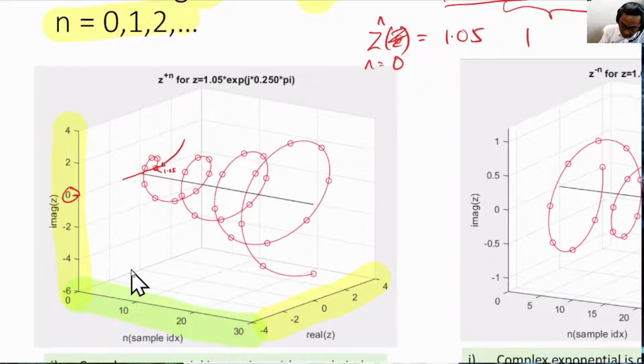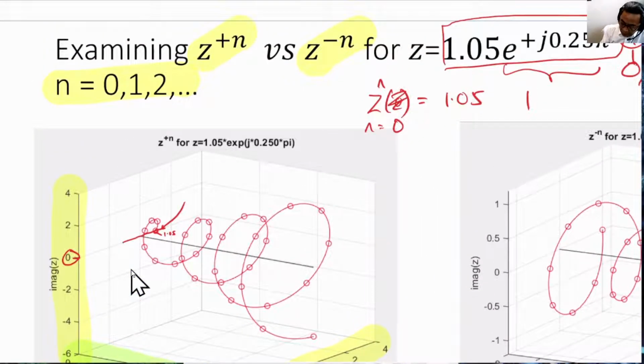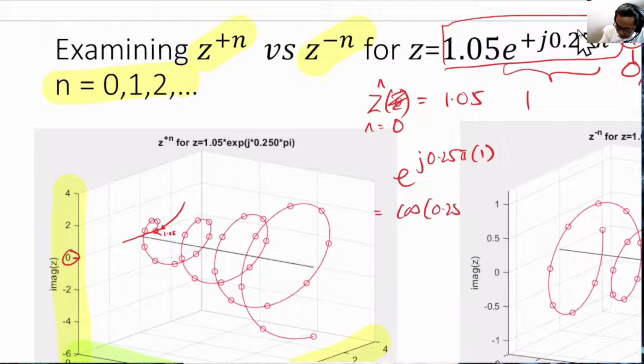What happens at n equals 1? At n equals 1, we are increasing by 0.25 pi in terms of the expression here. What is e to the power of j 0.25 pi times n equals 1? This is cosine 0.25 pi plus j sine 0.25 pi.